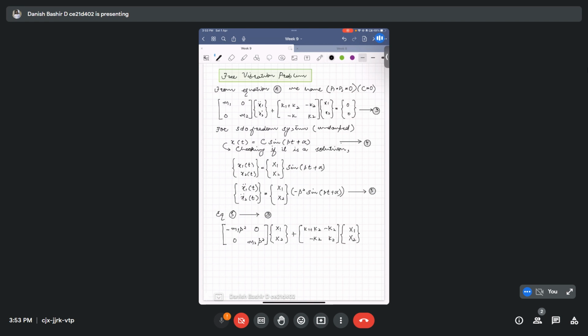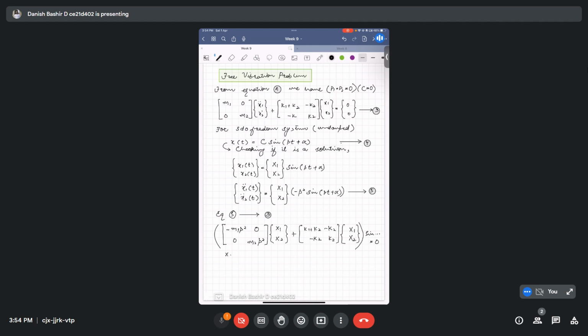This whole thing will be sine pt plus alpha times something, and it is equal to 0. The sine pt plus alpha will not be 0, otherwise it will not be a time varying solution. So for that, this has to be 0, because x1 and x2 cannot be 0.